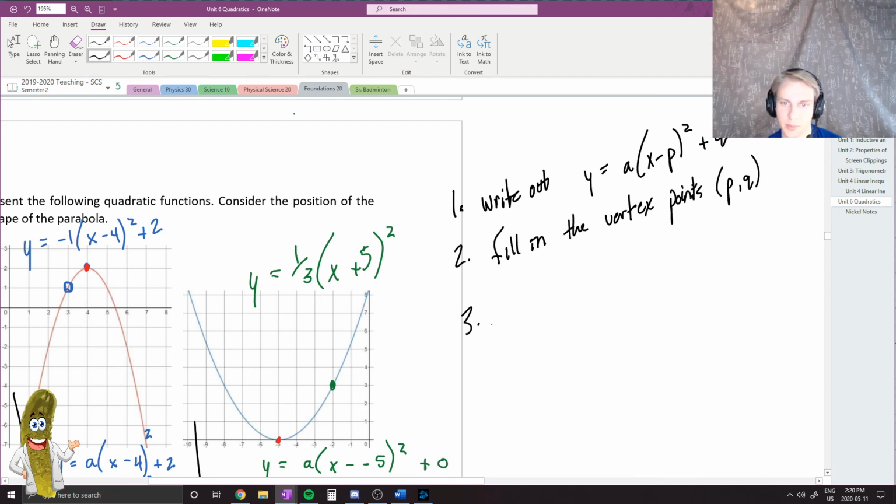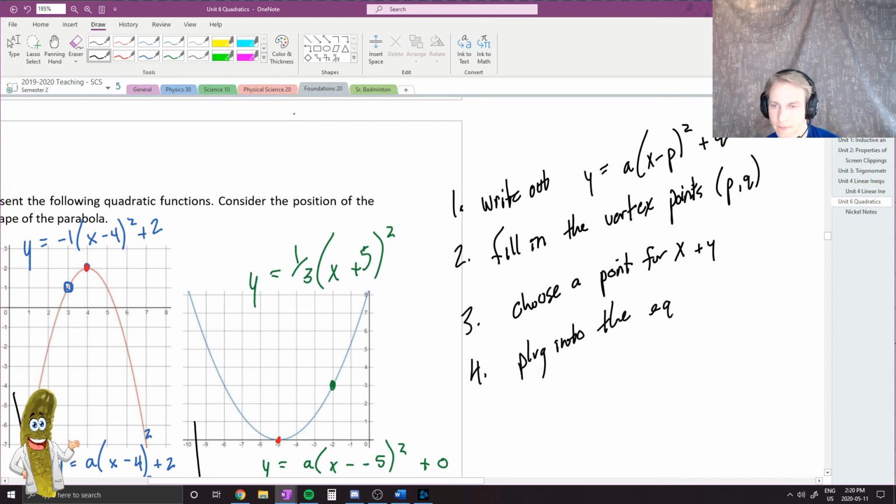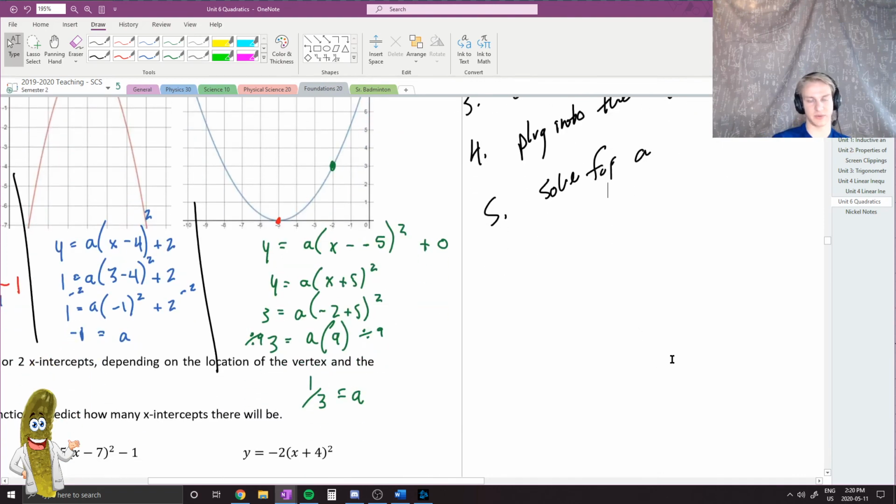And then the third step would be choose a point for x and y. Plug into the equation. And then the last step there would be to solve for a. So those are the 5 steps that we followed.